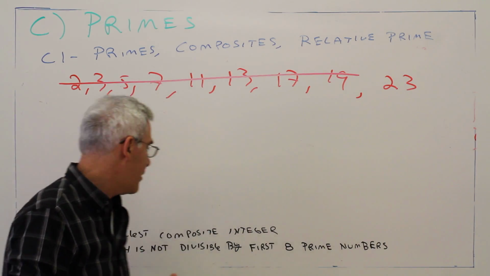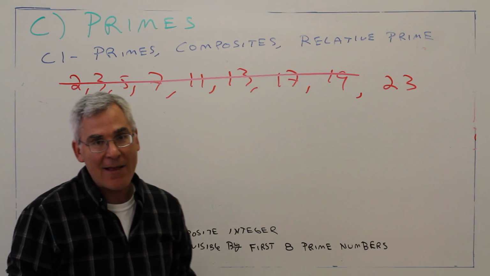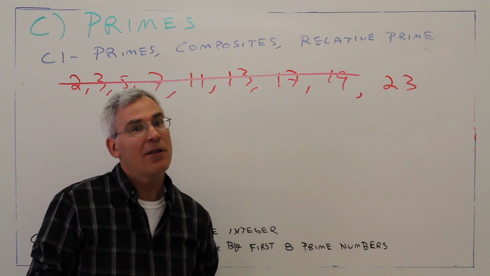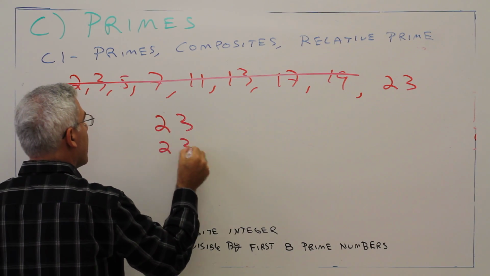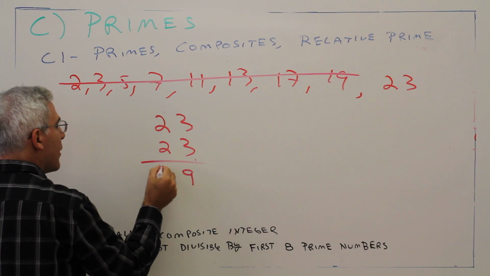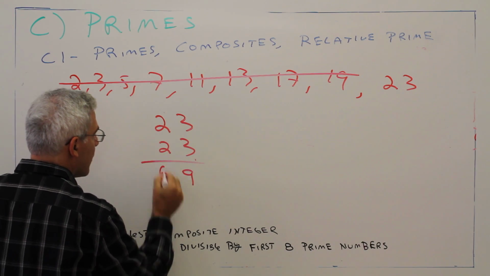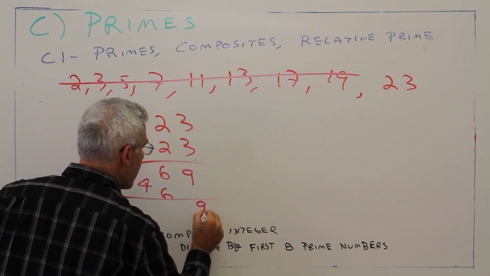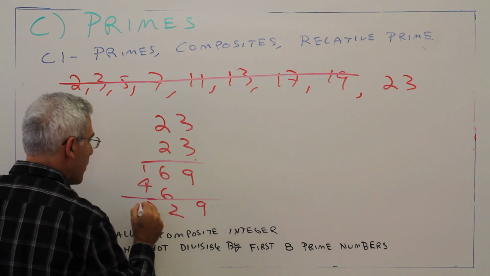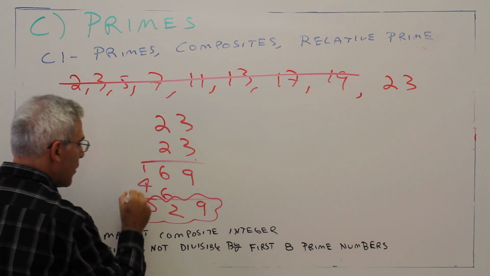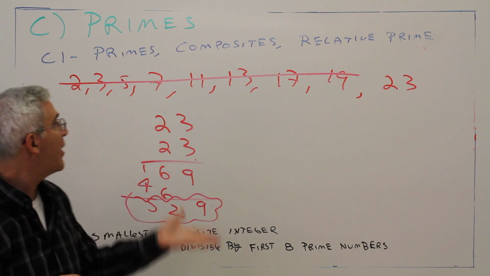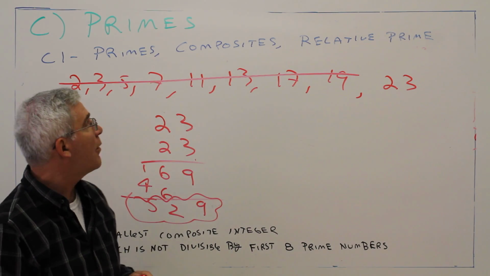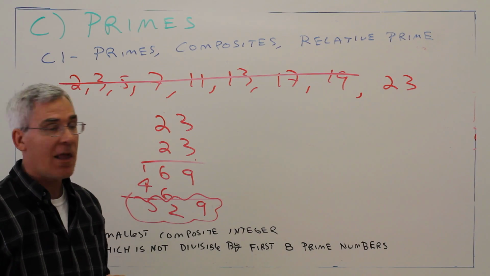And again, it's supposed to be the smallest composite, so why don't we again just go 23 times 23. 529. And there you go, how to deal with primes, composites, and relative primes.